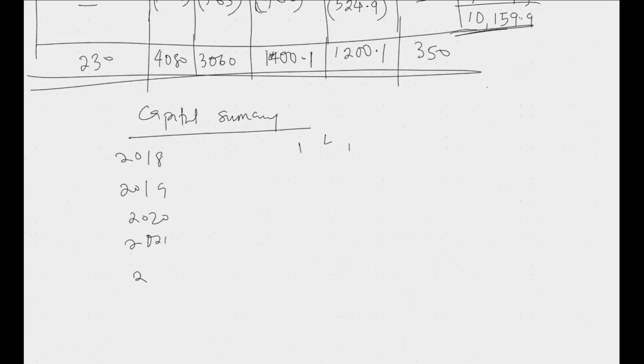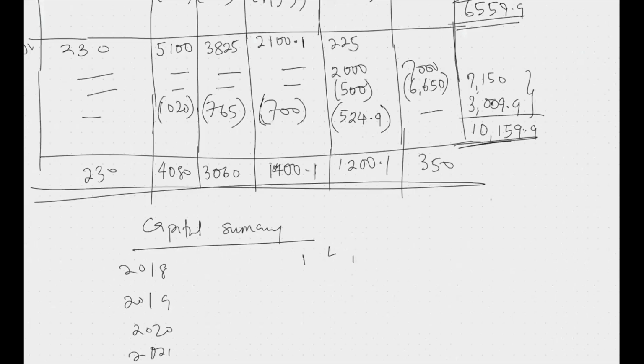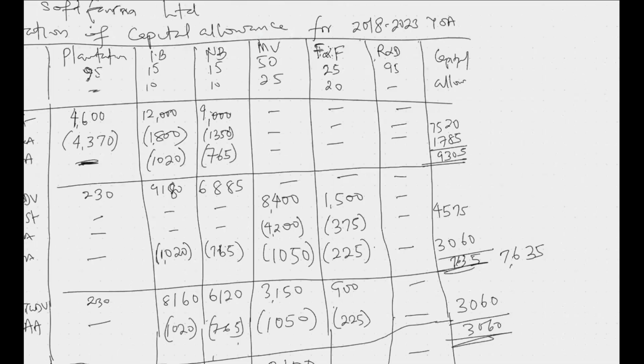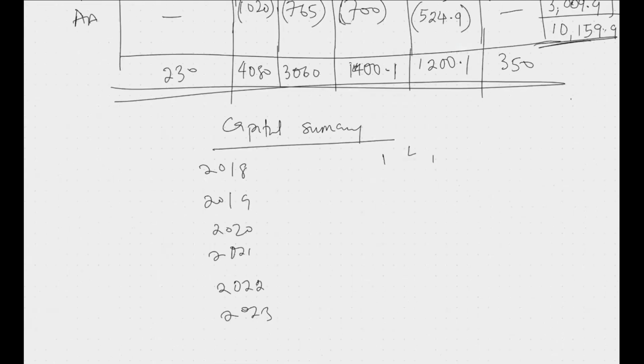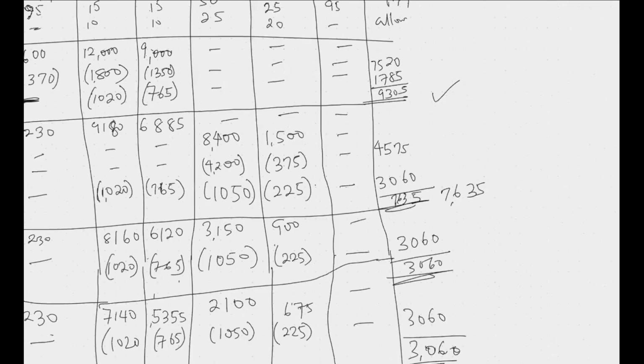What do you have for 2018? 9,305. In 2019, what do we have? 7,705. For 2020, what do we have?